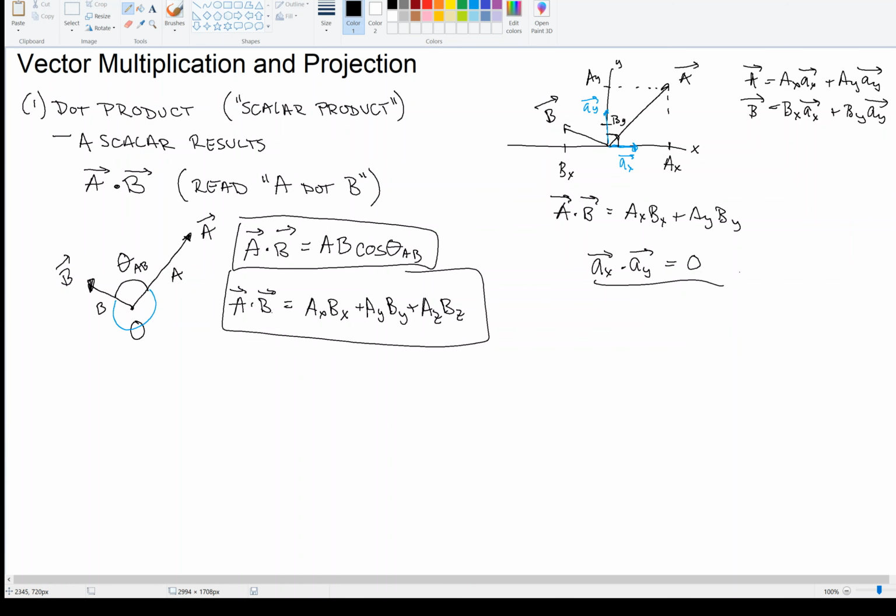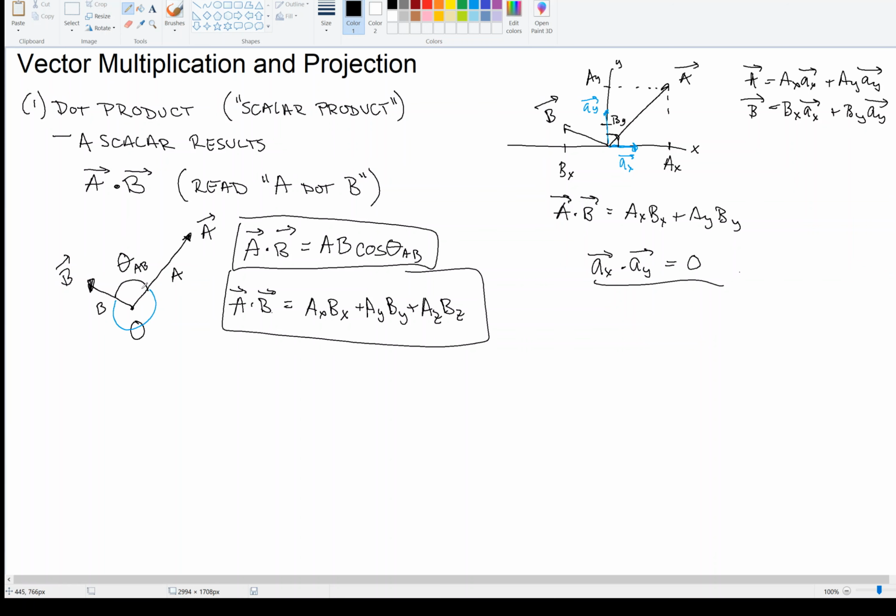Here's another question. What angle should A and B make if their dot product is to be as large as possible? Feel free to pause the video. Well, we would want an angle of 0, because cosine reaches its maximum at 0.